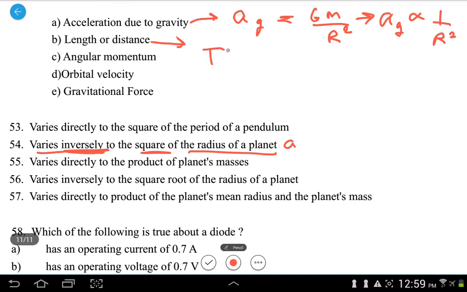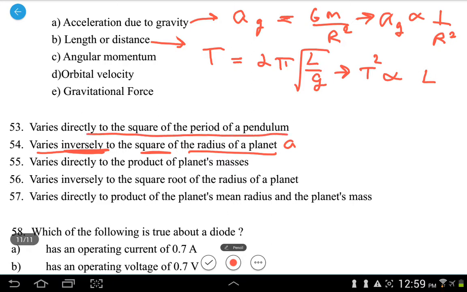So T equals 2 pi square root of L over g. That is the formula for the pendulum. Now, if I square everything, I end up getting T squared is proportional to L. So as you can see, this says varies directly as the square of the period of the pendulum. T is the period, L is the length. So the answer for this is B.